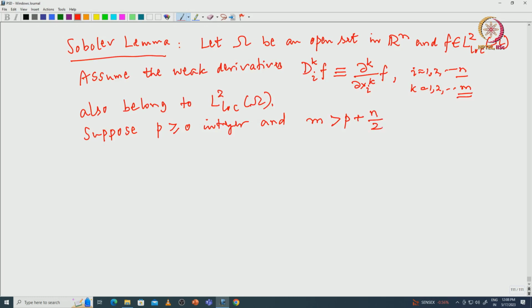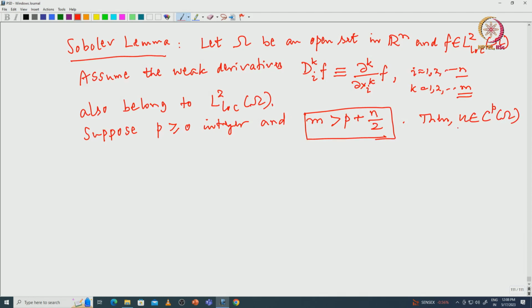So, you want enough of these weak derivatives. Then u belongs to C^p of omega, that is, continuously differentiable up to order p in omega.